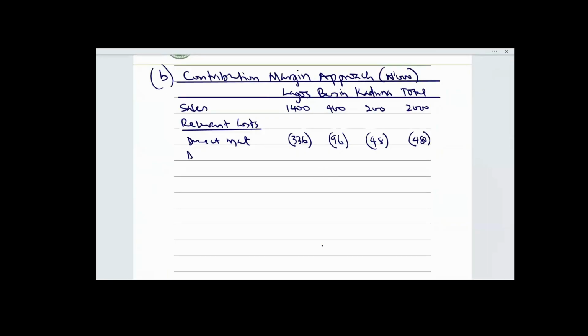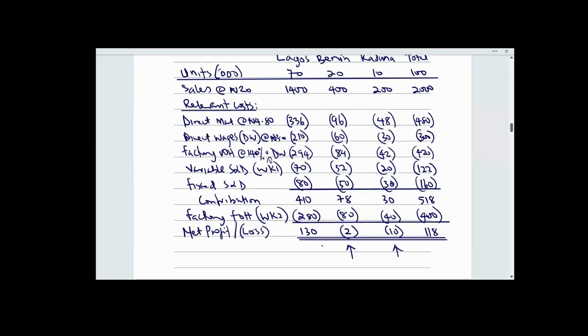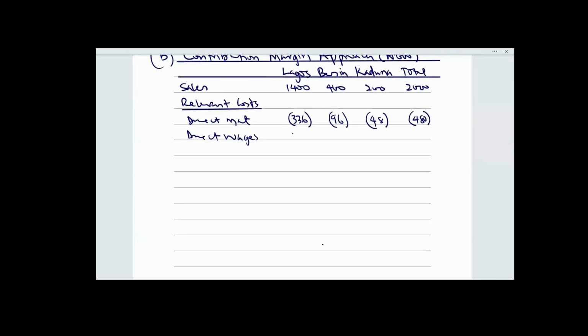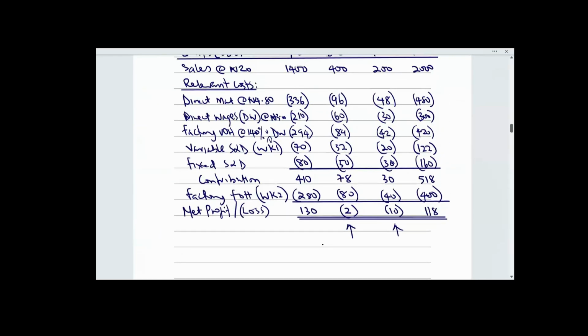Then we have direct wages. Direct wages for Lagos, please, you can be calling the numbers for me. 210, 60, 30. And the total is 300. Then we also have factory variable overhead.